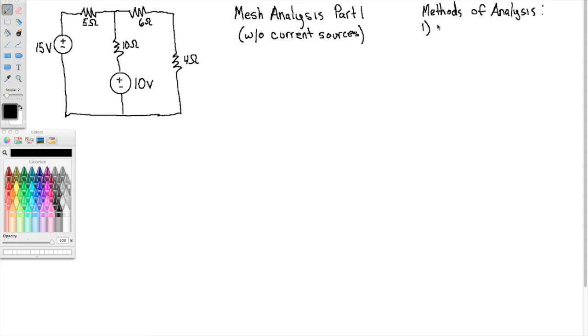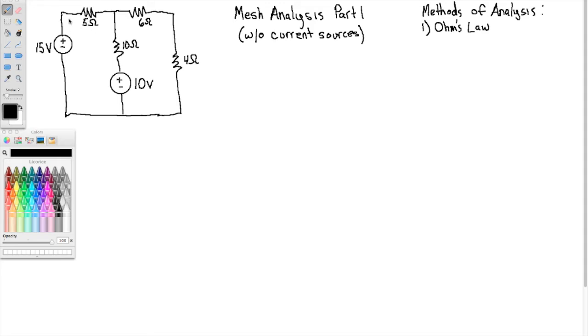I consider first, can I just use Ohm's law? This is very simple. But of course, it's typically the case where you can't immediately apply Ohm's law in the circuit. So for example, in this circuit, you don't know the voltage across any resistor. And again, I want to point out a pitfall of students I see here.